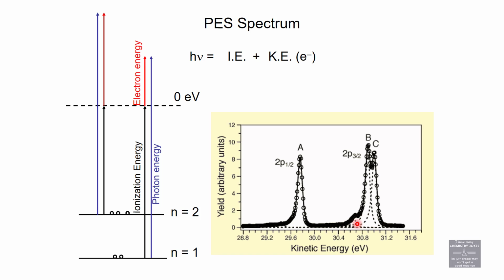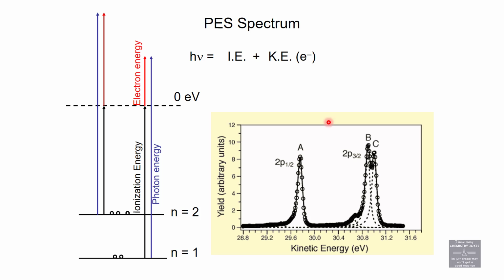If my kinetic energy is bigger, it's telling me that electron is further from the nucleus. Watch the x-axis on this plot. Sometimes we will see it plotted as kinetic energy, a lot of times we will see it plotted as ionization energy, so it should be different. Ionization energy, this would be the big ionization energy. This would be the small ionization energy. Ionization energy and kinetic energy are inverse.